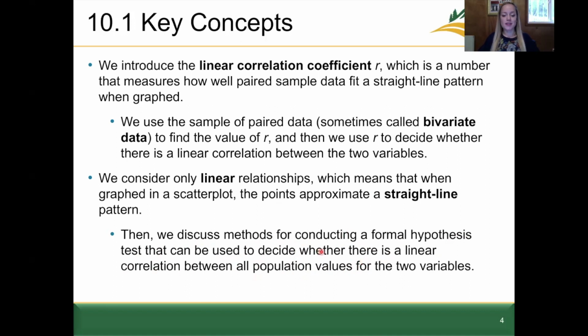So maybe you can start to guess what our null and alternative hypotheses will be. We'll do that at the end of 10.1. A heads up for those 2 hypotheses: we might start to think about, is there a correlation between our sample data, or is there not a correlation between our sample data?